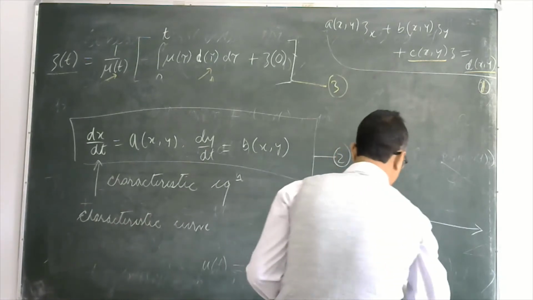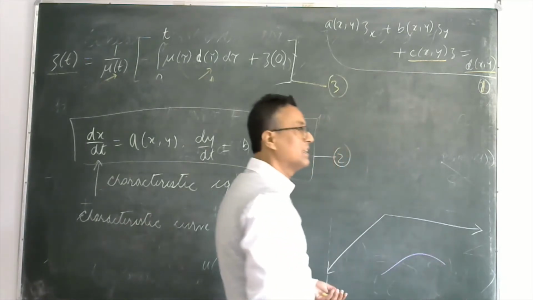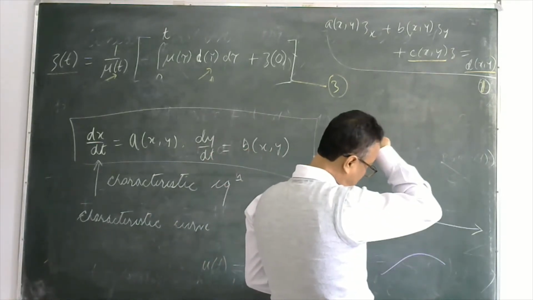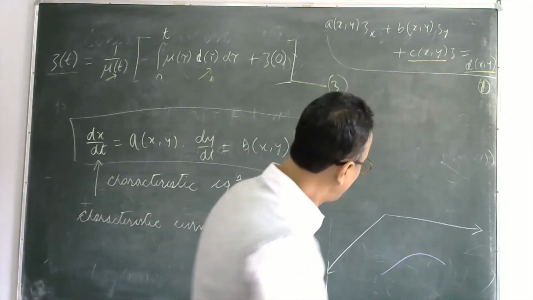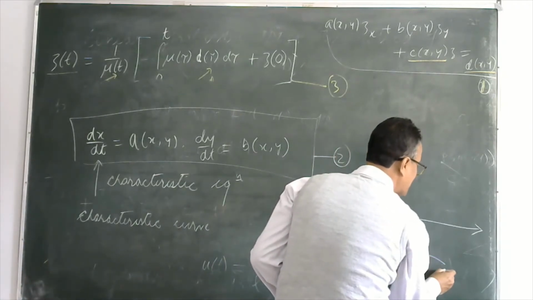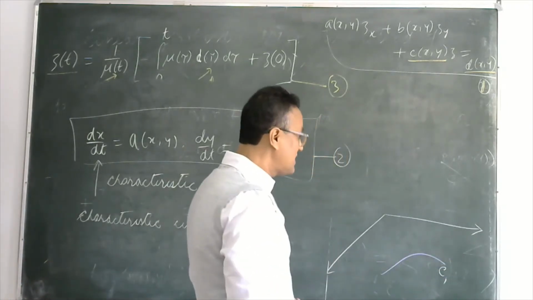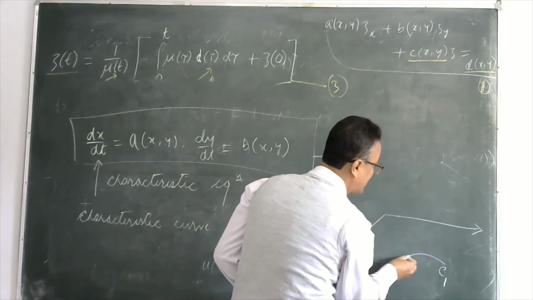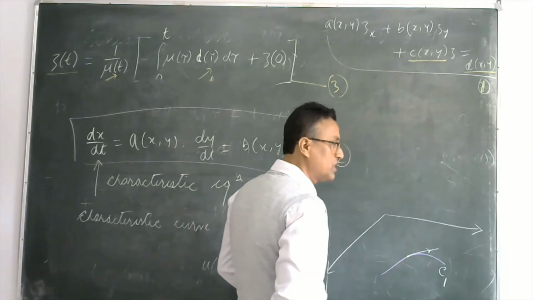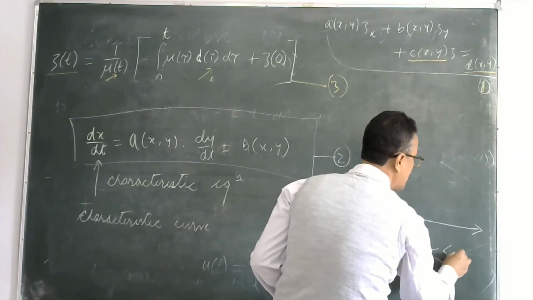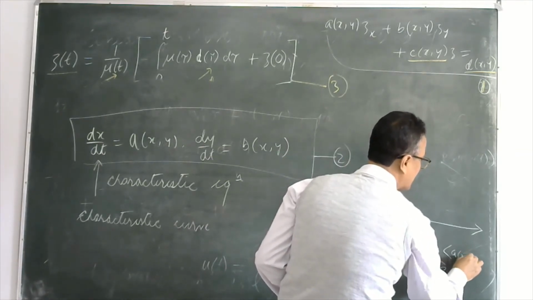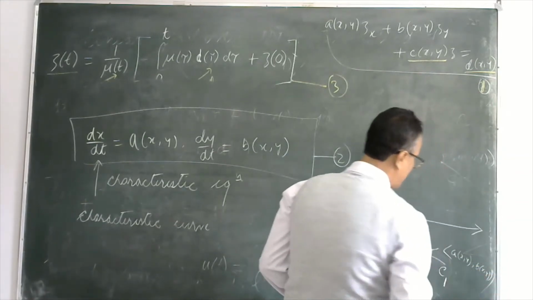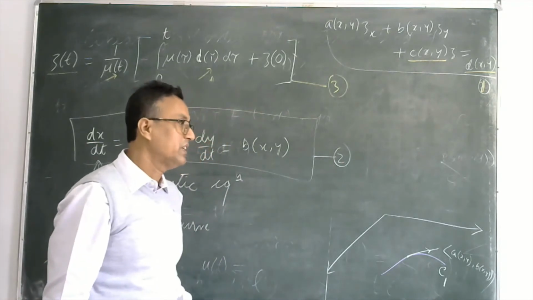Here, I have a curve C1, such that at each point of C1, this vector V given by (a(x,y), b(x,y)) is a tangent. Is it okay? Fine.